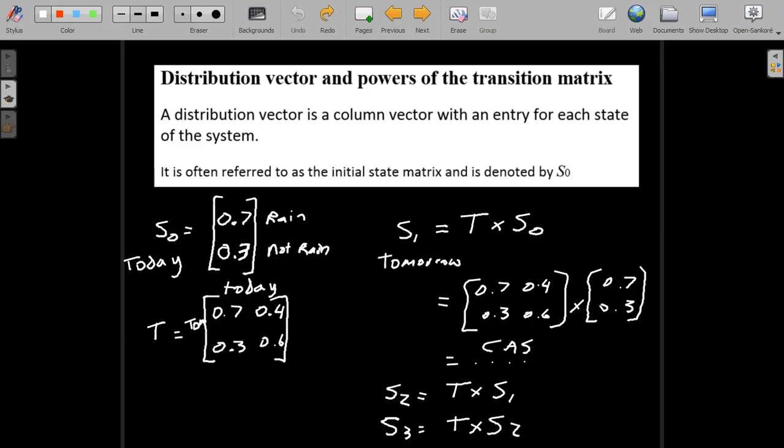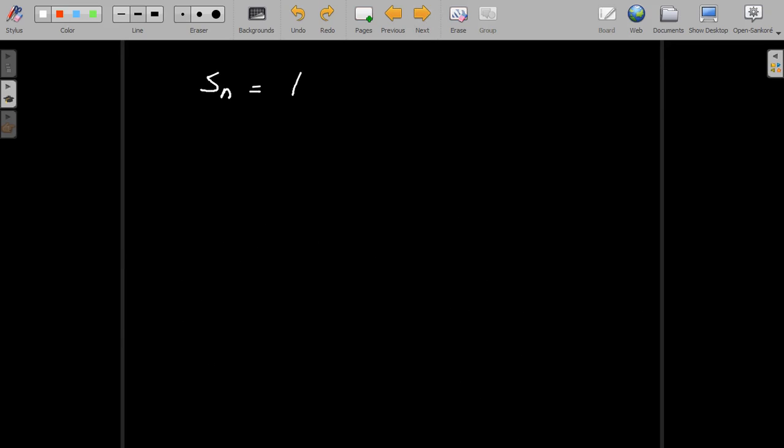So we can summarize this information. If I wanted to work out what S10 was, if we have a look here, we're multiplying by T each time. So S1, S2, S3. So if I wanted to work out S10, it's going to be my transition matrix, and I'm multiplying it 10 times, so it's going to be T to the n.